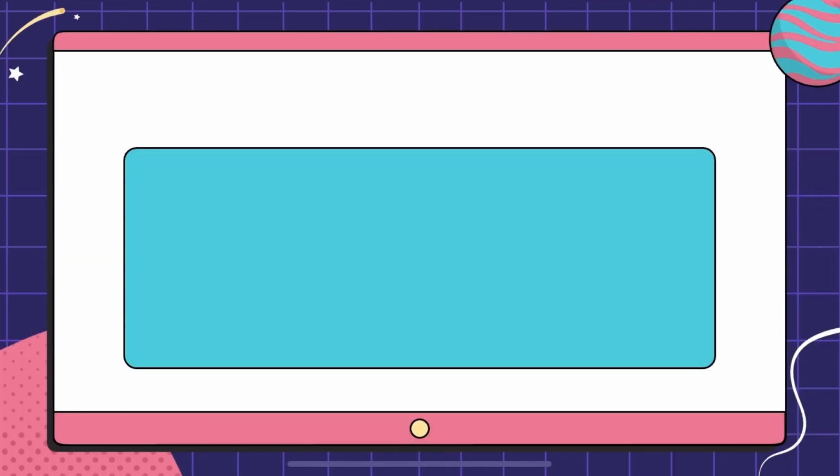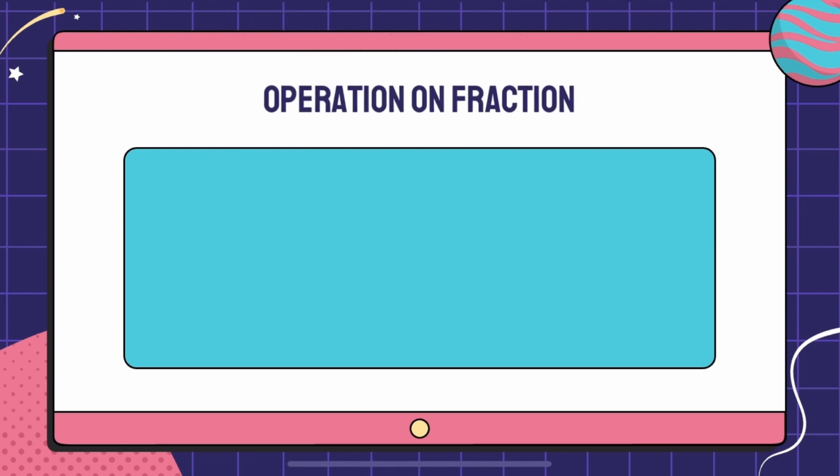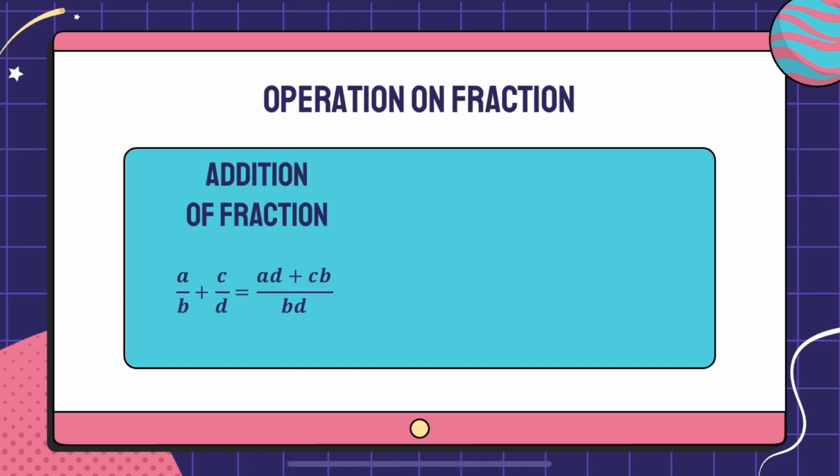To solve the previous problem, we need the operation on fraction. Okay, there is addition of fraction, defined by a over b plus c over d equals a times d plus c times b over b times d.